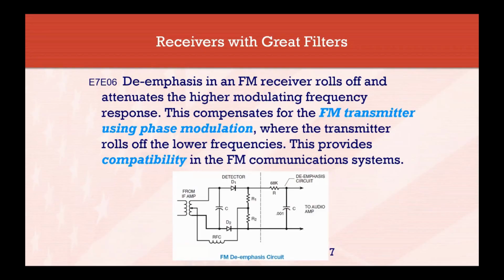The question, however, pertains specifically to using phase modulation with an FM transmitter and receiver. So by using the de-emphasis, we provide compatibility with the FM communication system. That's the answer that they're looking for. The idea is it compensates for the pre-emphasis we used when we created the signal in the first place.